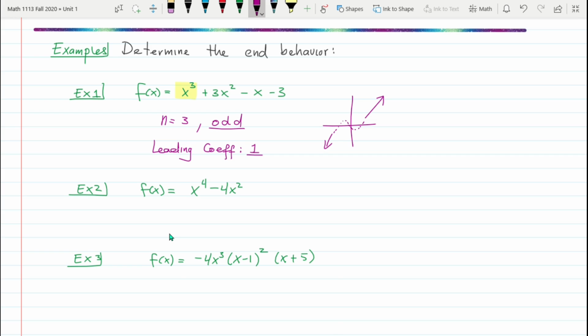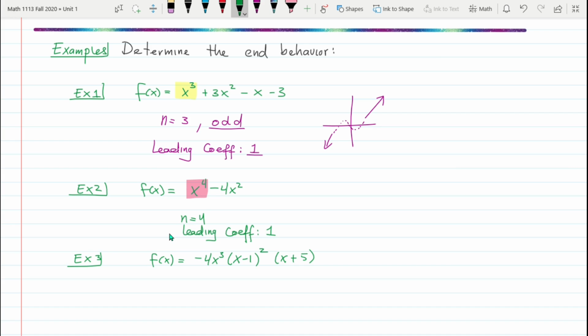Example 2. We are looking again at the leading term, and now you have to think, well, which one is it? Power 4 or power 2? Which one is larger? Hopefully you thought of that. Power 4 is larger. Then n is equal to 4, and the leading coefficient is the number 1 again.